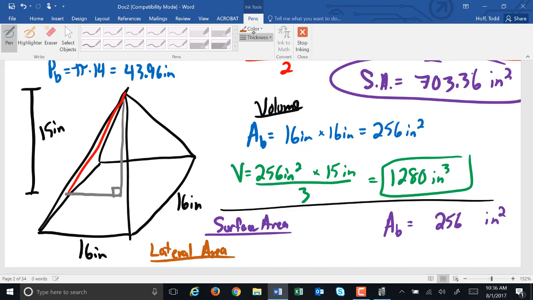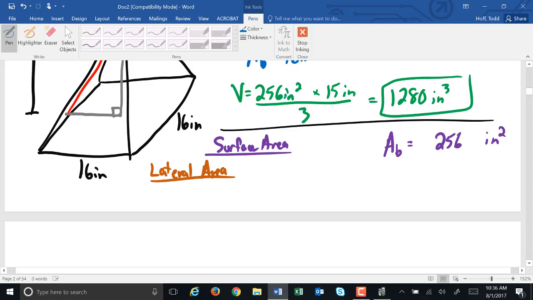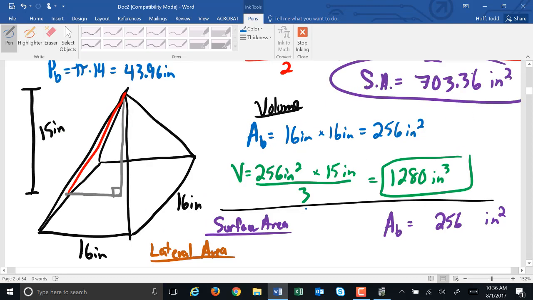For our lateral area, we need the perimeter of the base, which is just 16 plus 16 plus 16 plus 16, or 64 inches. But then we also need the slant. How do we find the slant here?